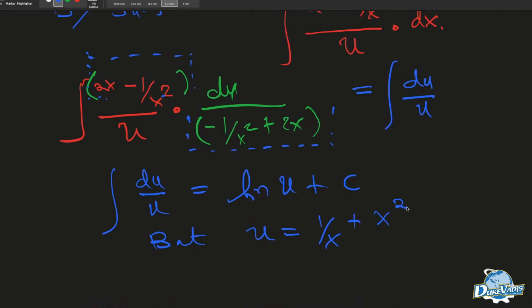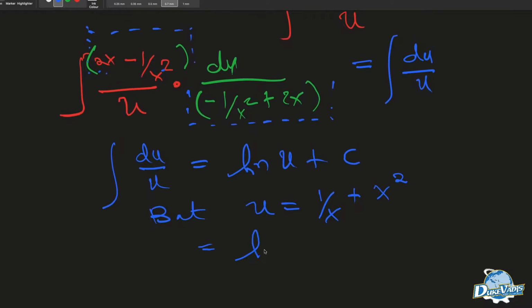So when we put this into the equation, our equation finally will be the natural log of u, in brackets, then we put our expression 1 over x plus x squared.